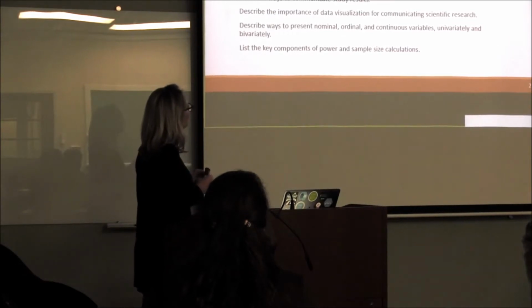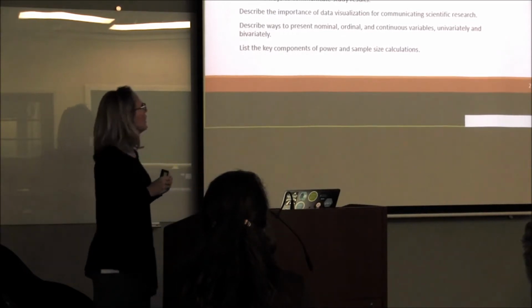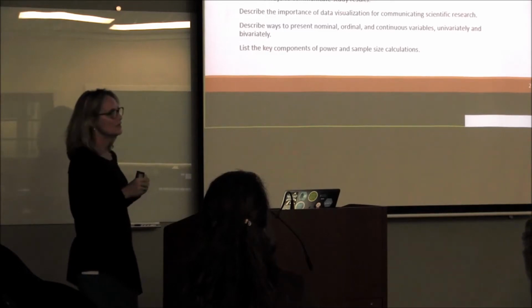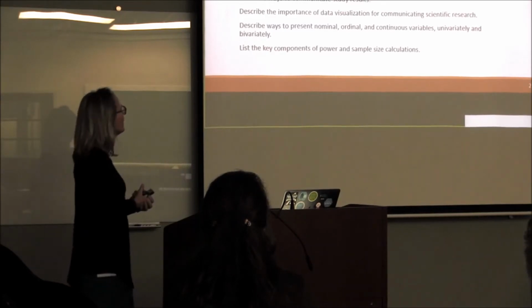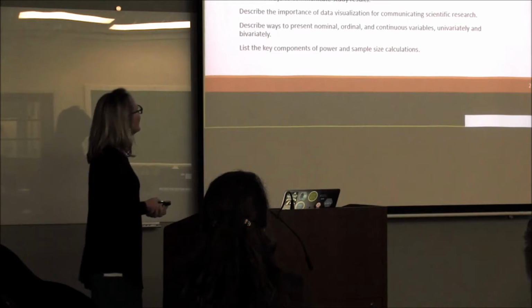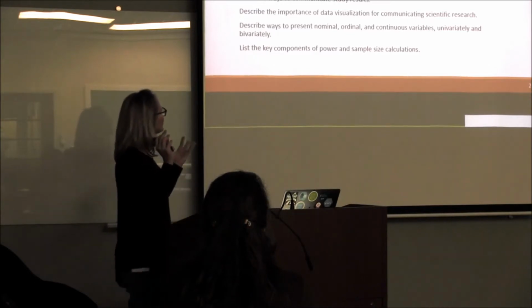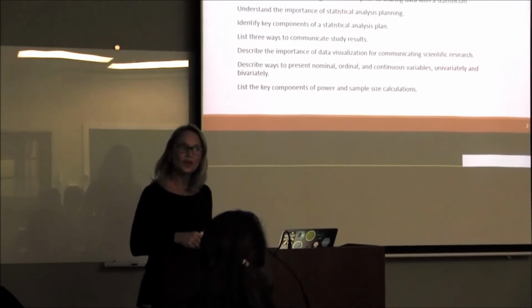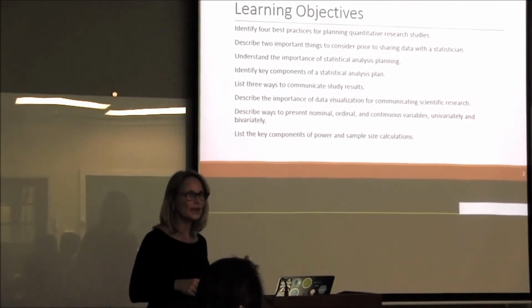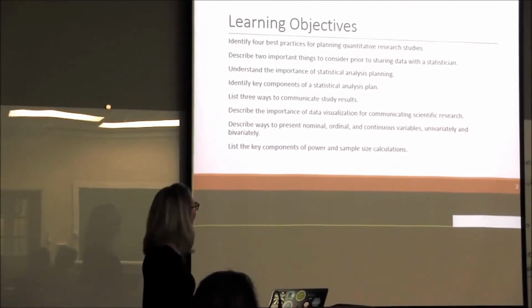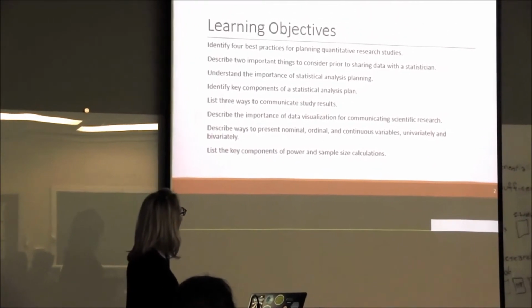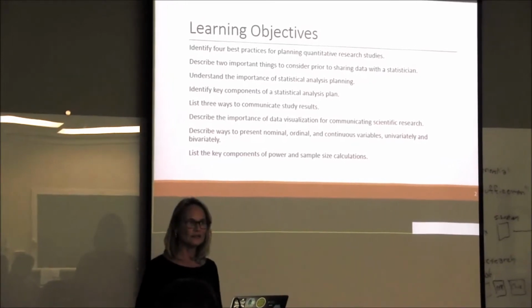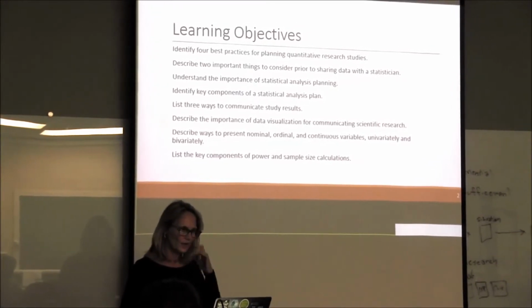It's such a key thing to do to make sure that you get your study right and don't encounter any last-minute crises. I'll talk about the components of a statistical analysis plan, ways to communicate data through tables and graphs, variable types, and then power and sample size as well.